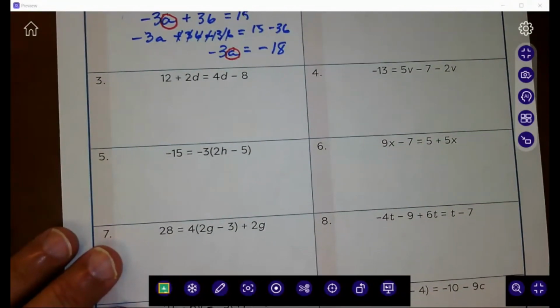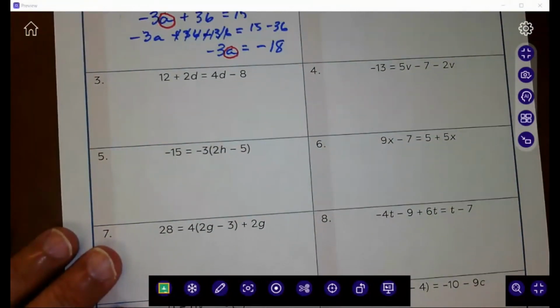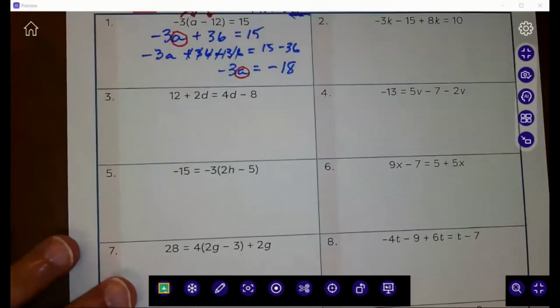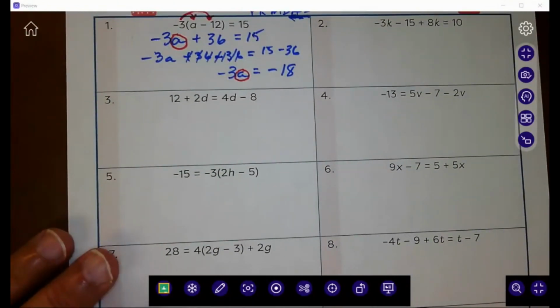We're multiplying negative 3 times the a.